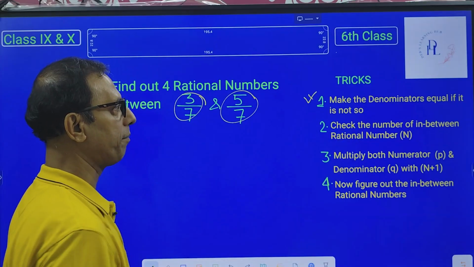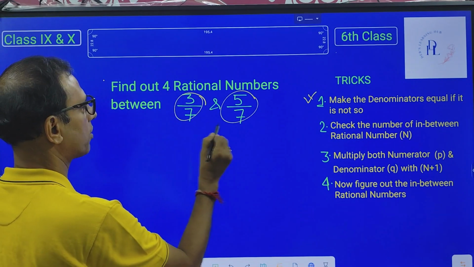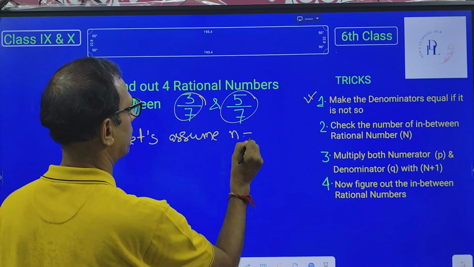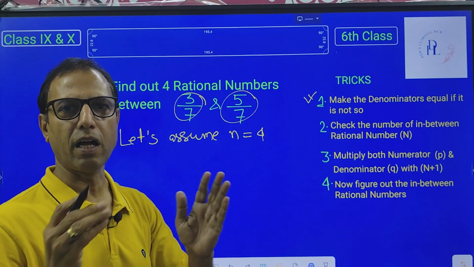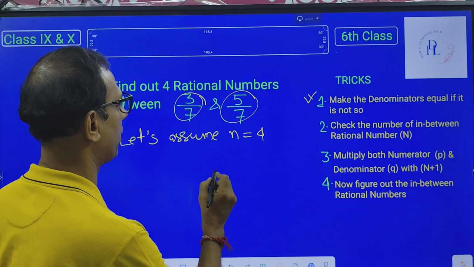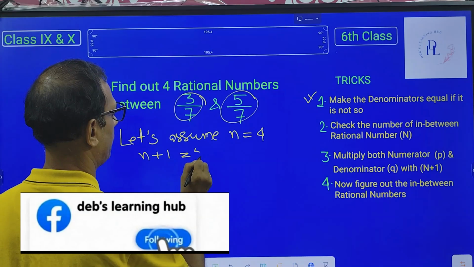Second step, check the number of rational numbers in between. Here n equals 4. So n equals 4 means into how many equal parts do we have to divide? n plus 1, so n plus 1 equals 5.